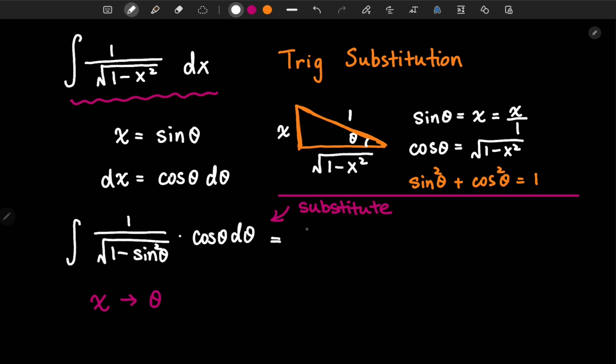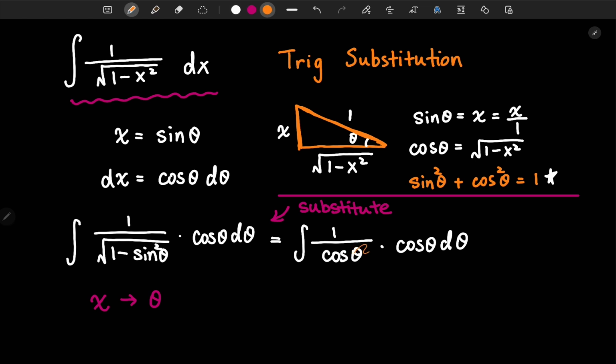We're going to get the integral of 1 over the square root of 1 minus sine theta squared. Based on this rule here, that's just going to give us cosine theta. And then we have times cosine theta d theta. So we have successfully transformed something inside of the square root into a much simpler form. And this is how we can simplify the integral.